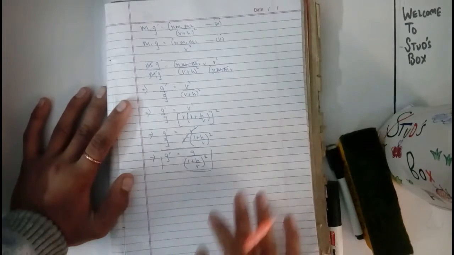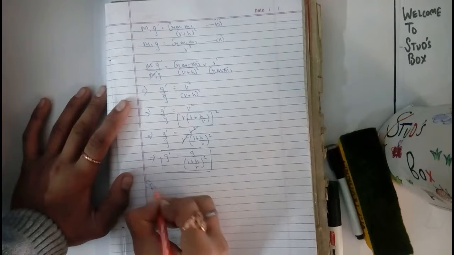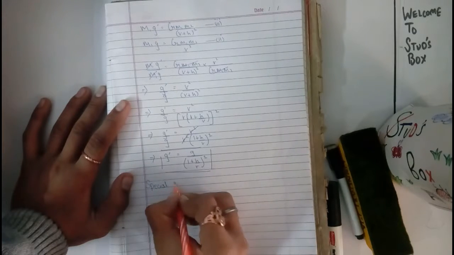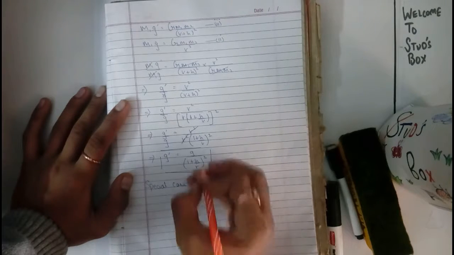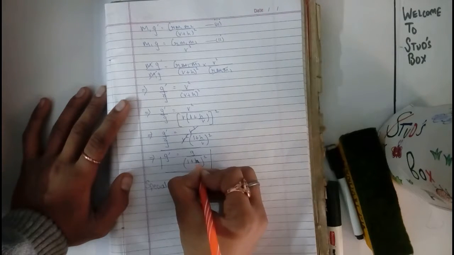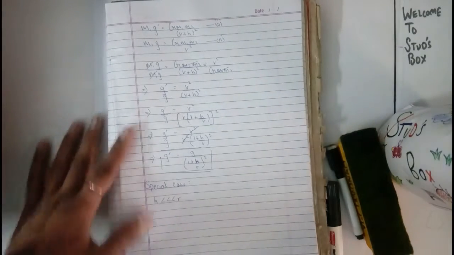Okay, so now let's talk about a special case. What if this h is very small than r?